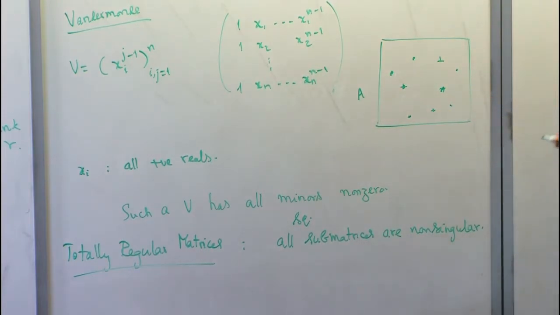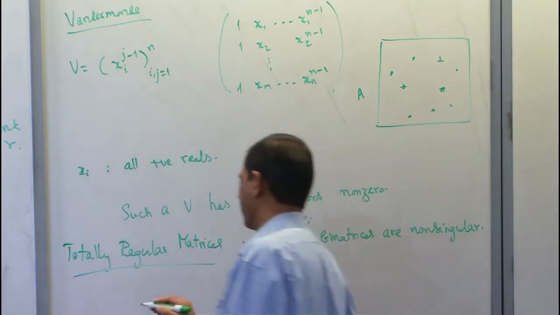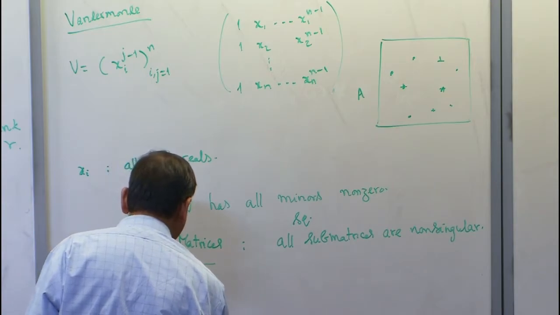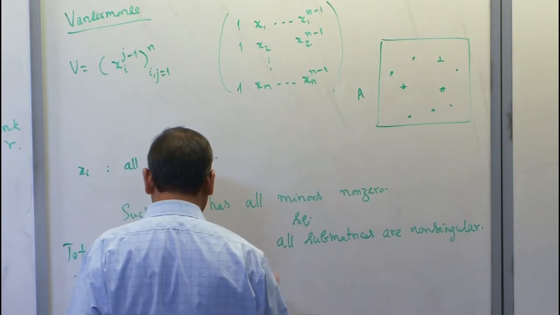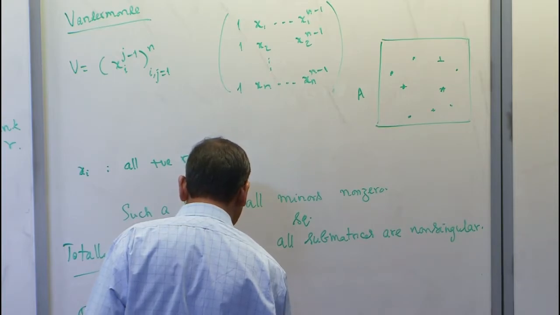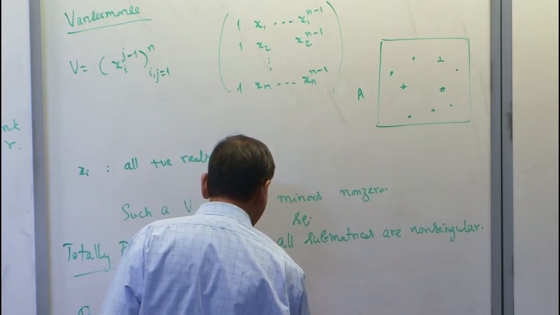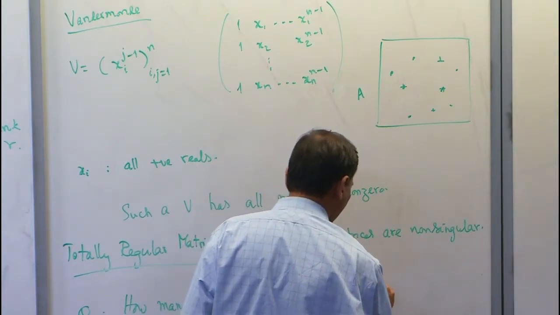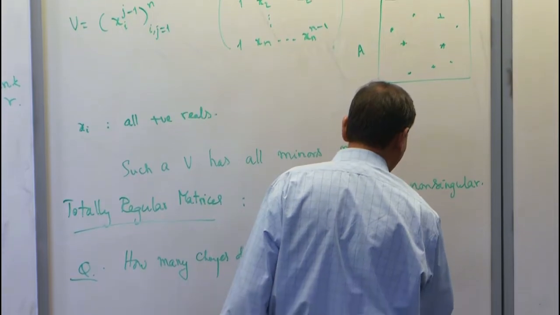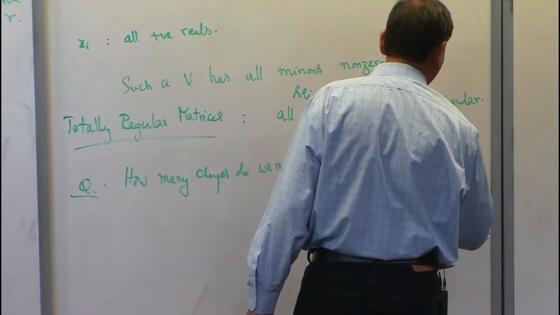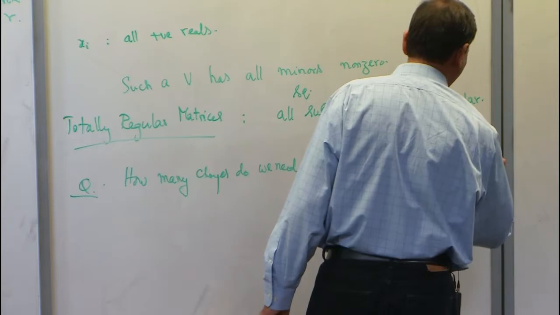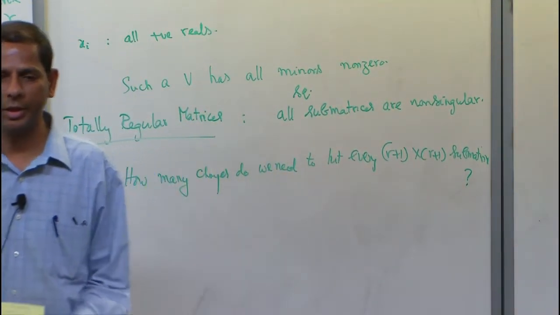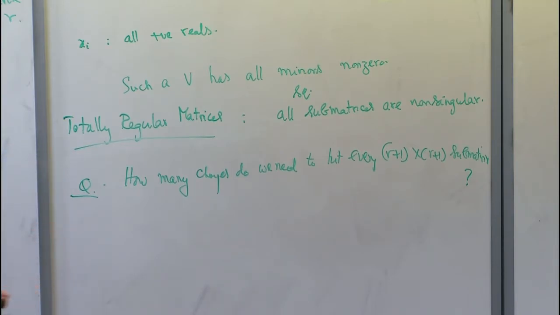So the question is, how many changes do I need to hit every R plus 1 by R plus 1 submatrix? It's just a combinatorial argument, I'm not doing any algebra or linear algebra here. That clearly gives us a lower bound on rigidity.